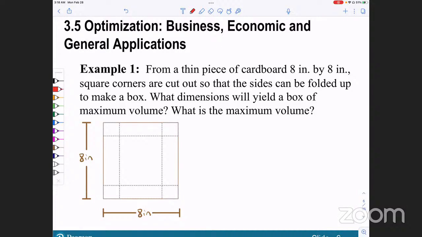Square corners are cut out such that they can be folded up to make a box.